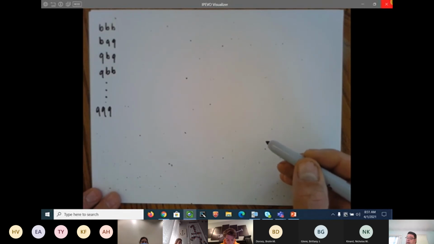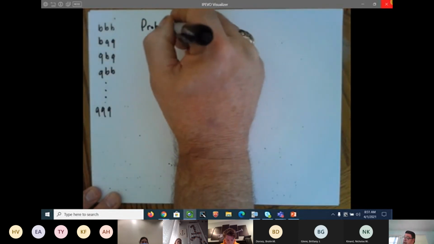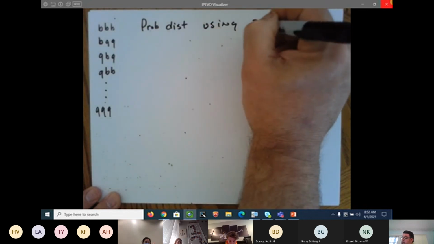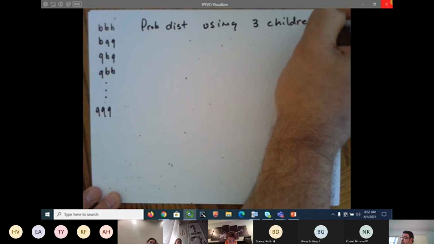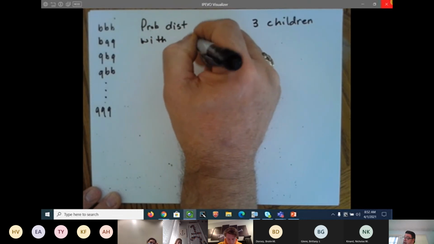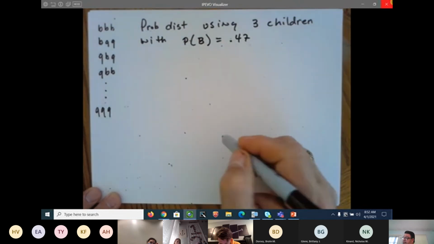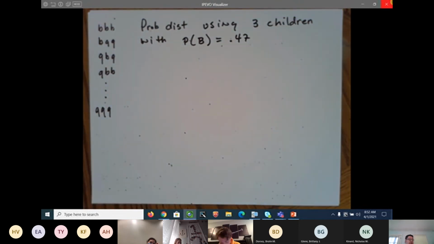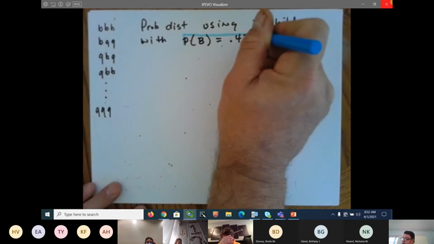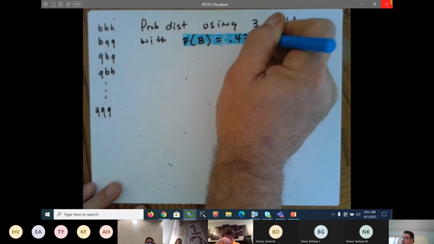So we're gonna make a probability distribution using 3 children with the probability of a boy being equal to 0.47. Well, when they do this in a problem, what should you instantly say when you read the probability of a boy is 0.47?